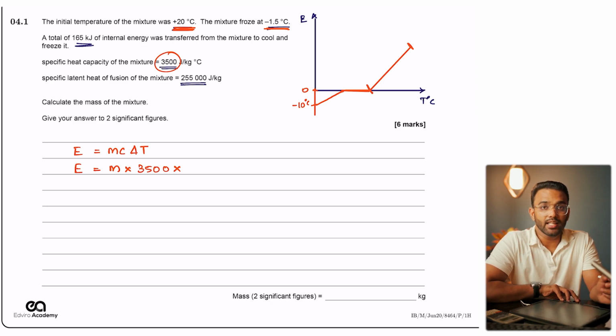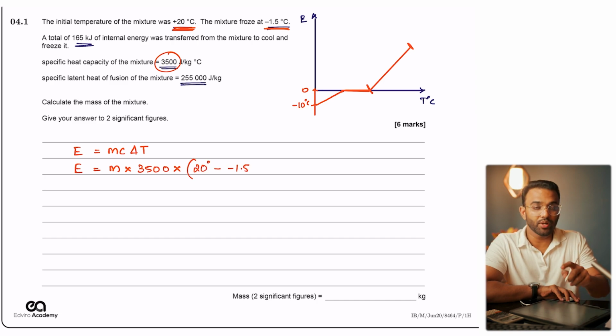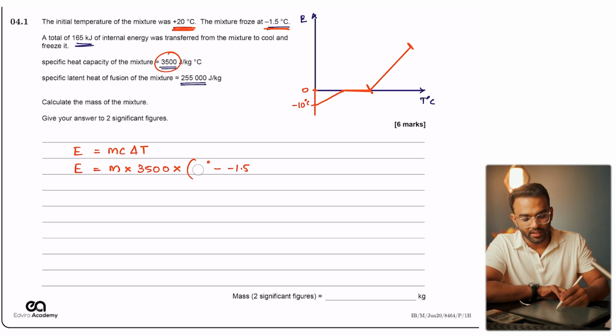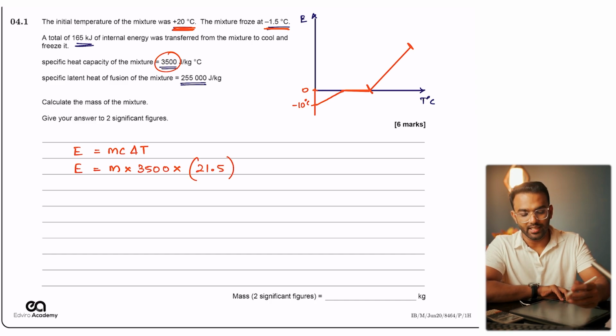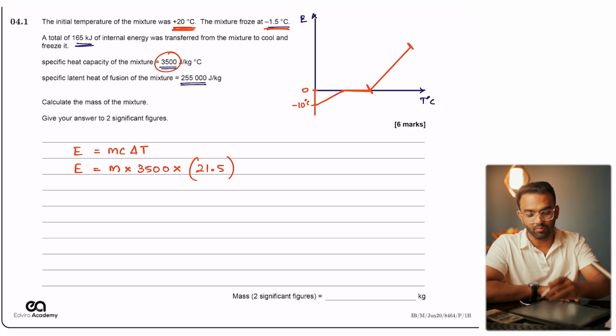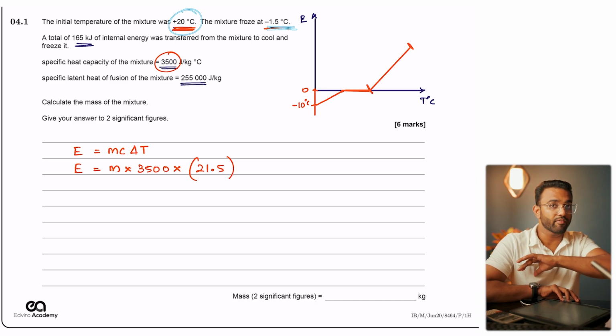It froze at minus 1.5. So the change in temperature would be 20 minus minus 1.5, which, minus of minus means plus, makes it 21.5. So this is the amount of energy taken out to cool it down from 20 degrees all the way to the freezing point.